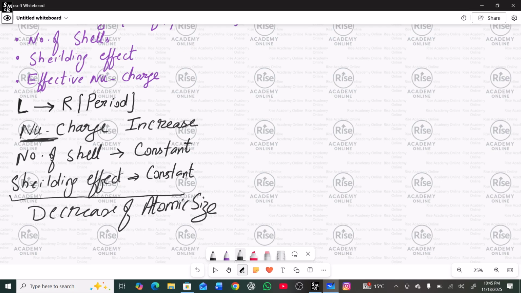So in parallel, we will discuss here the variation from top to bottom in a group.